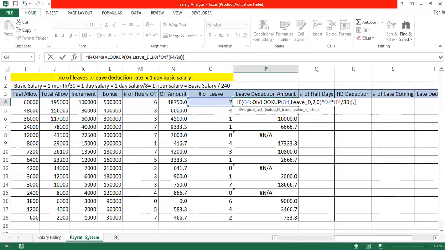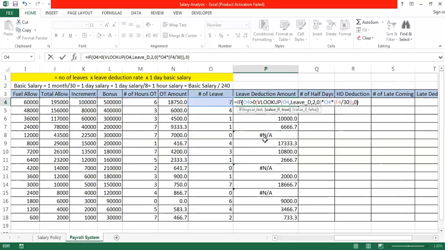Otherwise there will be no deduction. So if we get equals to 0, greater than 0, 1, 2, 3, 4, 5, anything, but if it is found equals to 0 instead of greater than 0, then the else result will be generated, that is 0 will be generated for the leave reduction in the cell of leave reduction amount, that if no number of leaves has been performed, so no deduction, zero deduction.